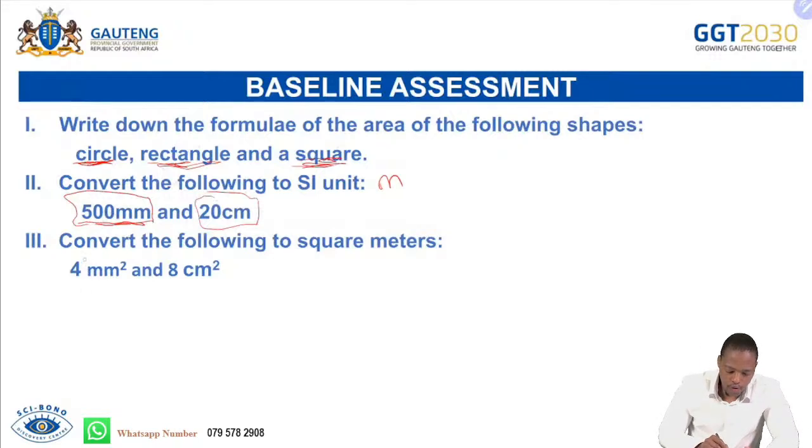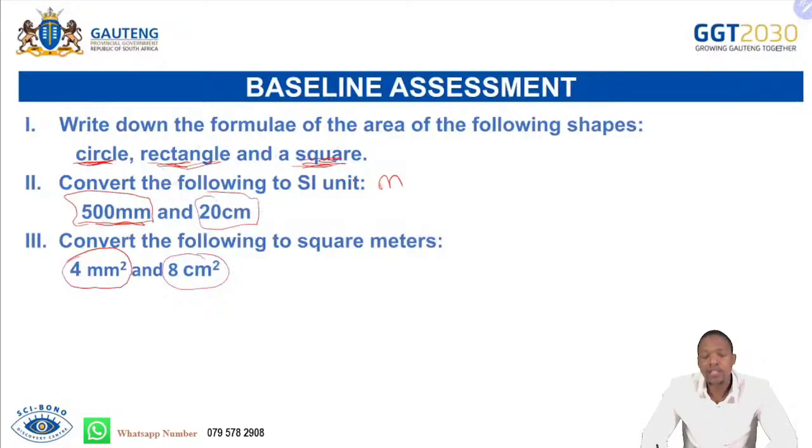Also convert 4 square millimeters to square meters, and then also 8 square centimeters to square meters as well. I want to see if people are able to do that. But then we'll go through each together just to remind each other of the important things there.